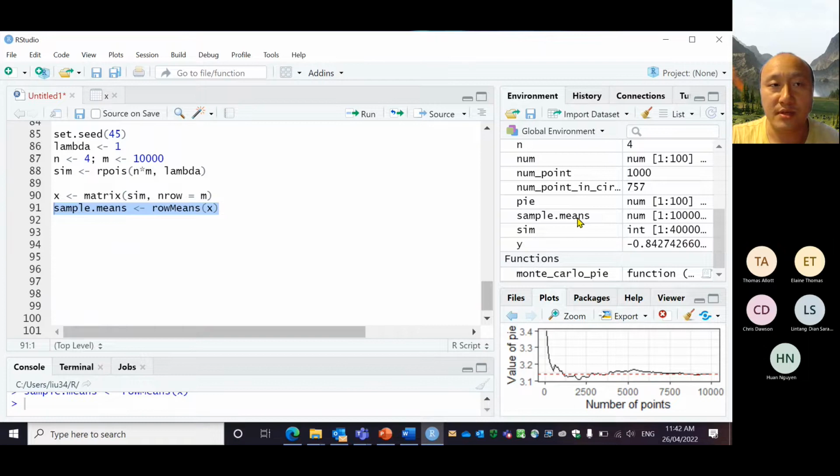Sample.means now is a vector that has 10,000 means from the 10,000 rows, or 10,000 samples, right?